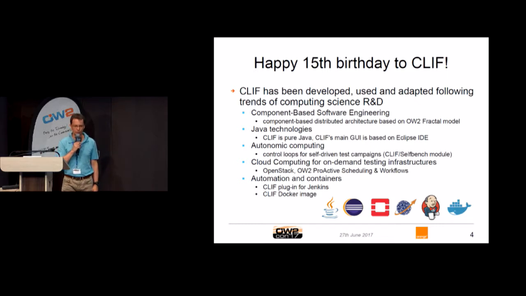So we did some work with OpenStack or with the ProActive middleware to get those testing resources and infrastructures on demand. And we also automate deployment of tests using a Jenkins plugin and a Docker image now.